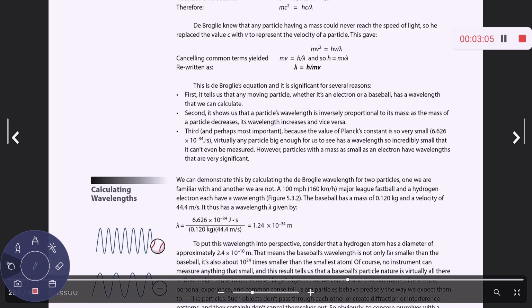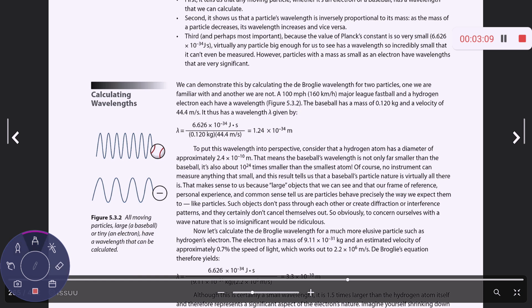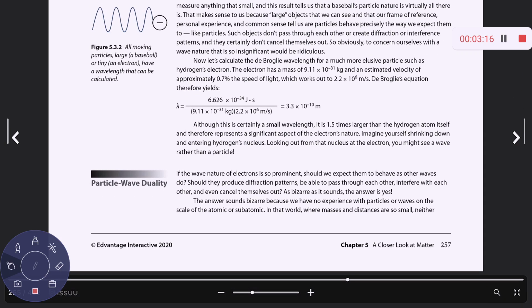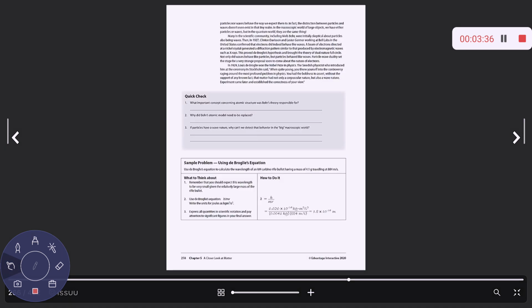Okay, now you may be asked to calculate the wavelength of something, and let's go on to, I'm not going to calculate anything with you, it's not really necessary right now, but let's go on to this concept called particle-wave duality. Particle-wave duality basically says that something can behave as a particle but have wave-like properties. This pertains to electrons. Let's go to the next page.